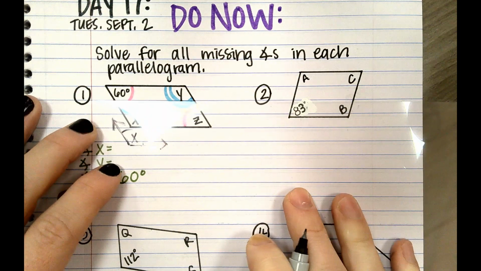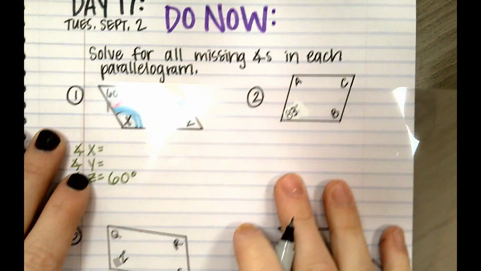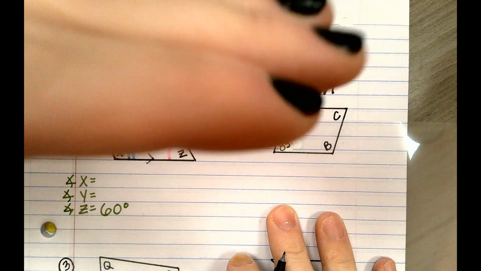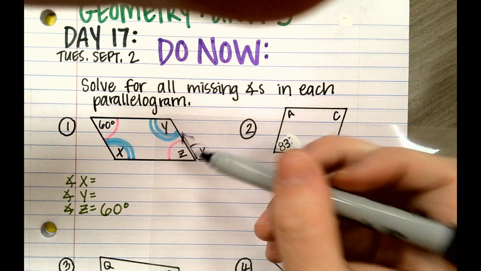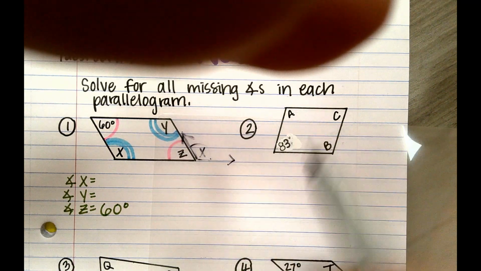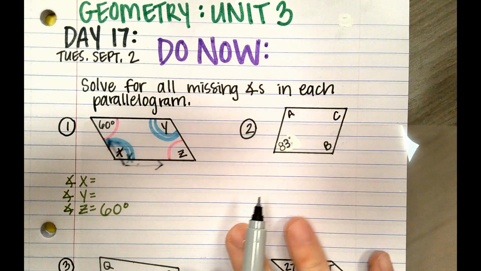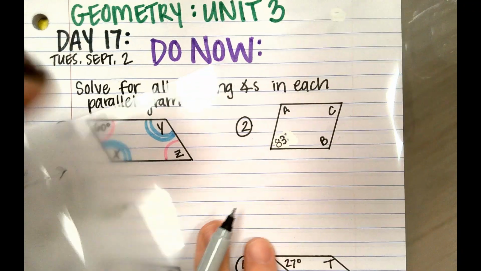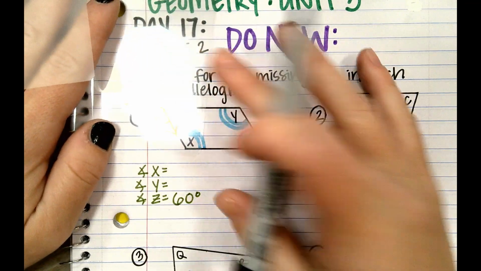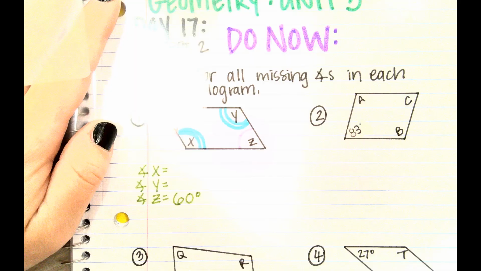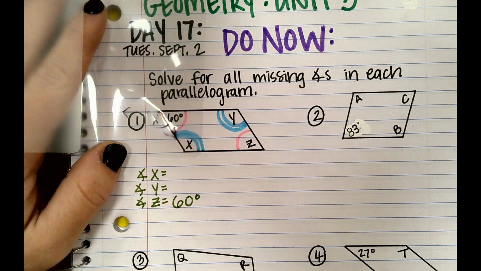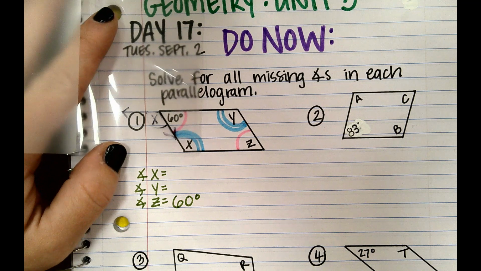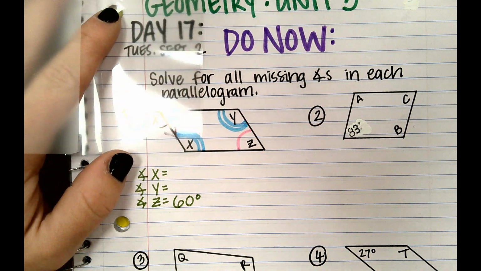Angle X is right next to angle Z, and you can tell they make a 180-degree angle because they form that straight line. You can do this with angle X and the 60-degree angle as well. I just got to turn it a different way. They create a 180-degree angle, a straight line. I know that is hard to see, but we see it there.